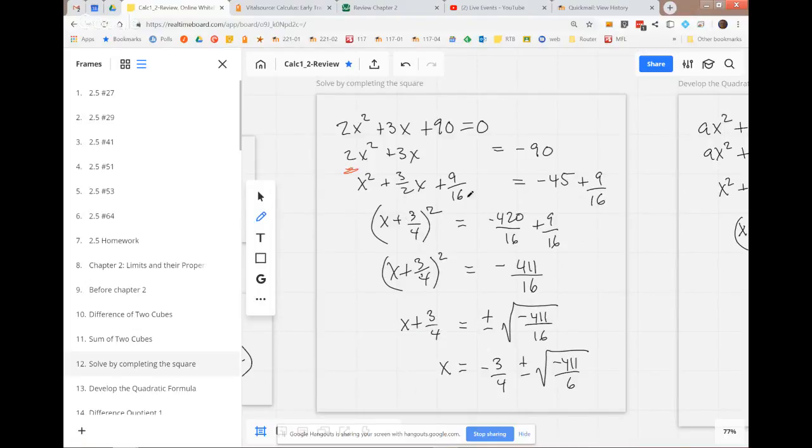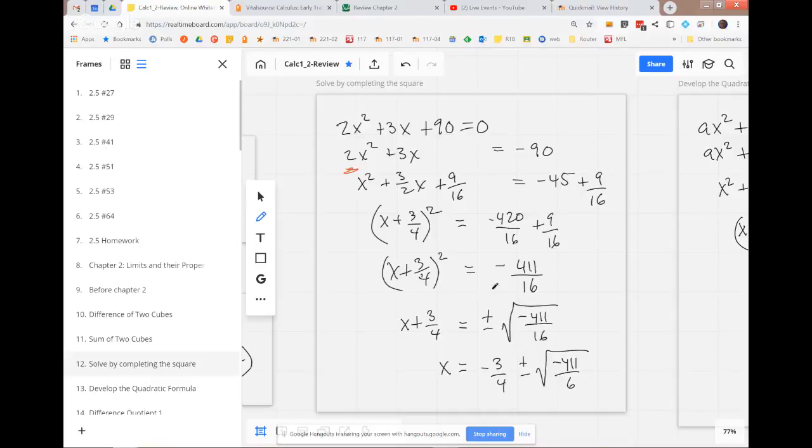This now is a perfect square trinomial that can be expressed as x plus 3/4, that's half of this term right here. x plus 3/4 squared, and then over here we have some arithmetic to do, common denominator and all that kind of stuff.